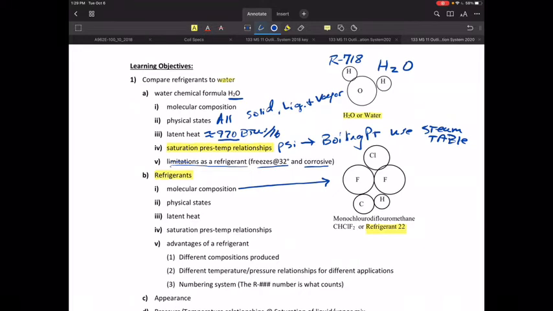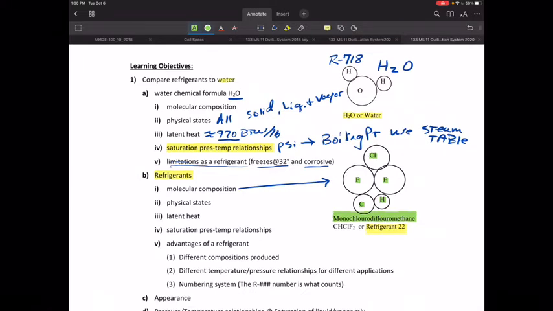If we look at the name or the nomenclature, there are some key words in here. I'm going to switch to a green color for the sake of doing this. One of them is monochloro-difluoromethane. So it has essentially a single chlorine atom, it's got two fluorine atoms in this molecule, and it also has some hydrogen and some carbon.